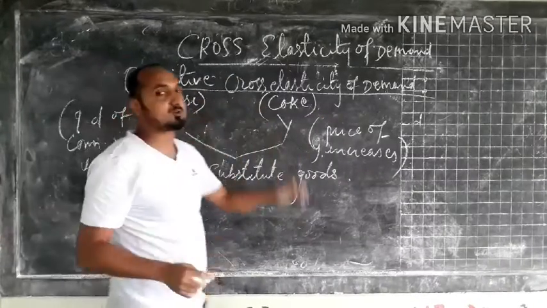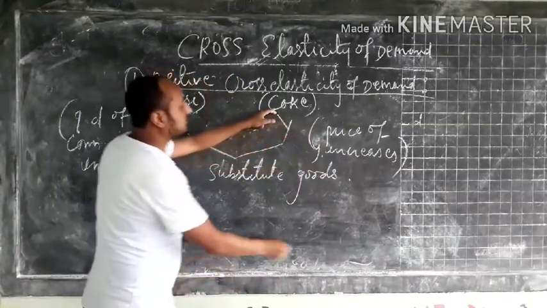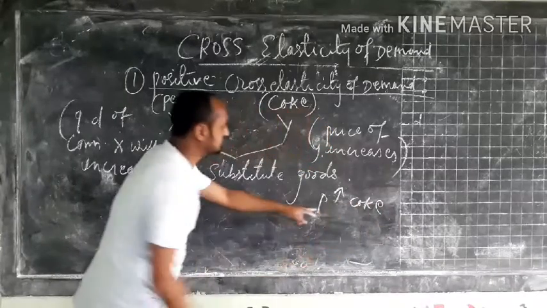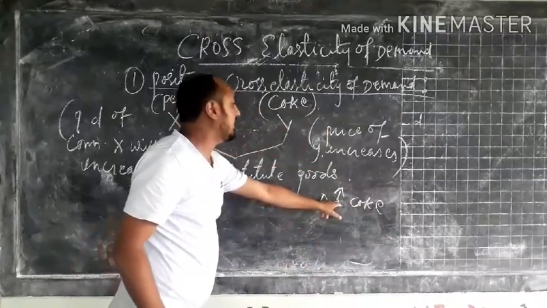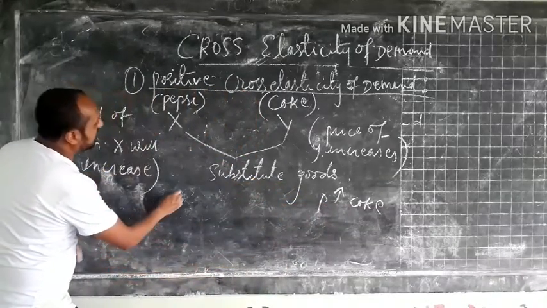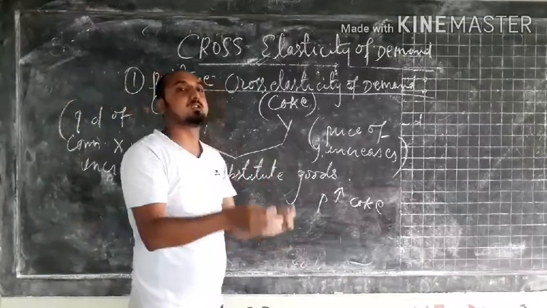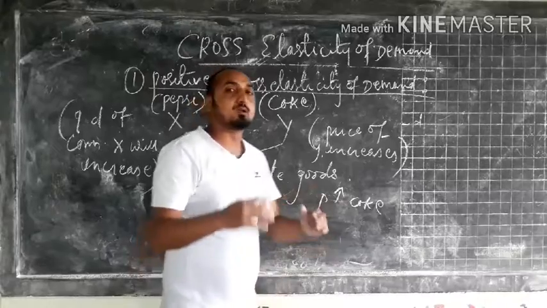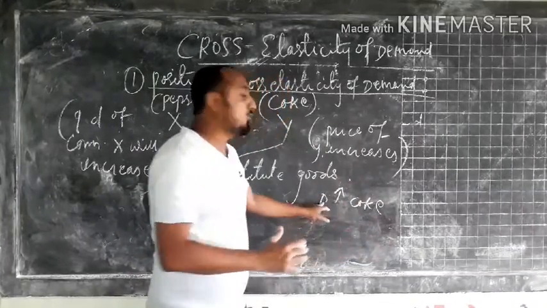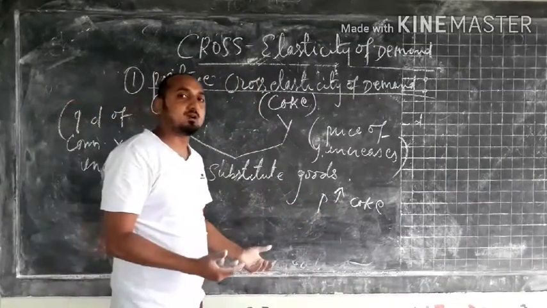Coke and Pepsi are two substitute goods. When the price of Coke increases, this upward arrow shows the increase in price. So when the price of Coke increases, obviously the quantity demanded for Pepsi, or some other substitute goods, will increase, because Coke will become expensive in the market and people will replace Coke with other substitutes like Pepsi or maybe Fanta, etc.